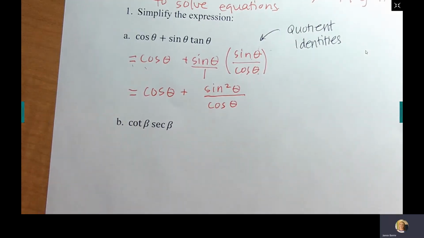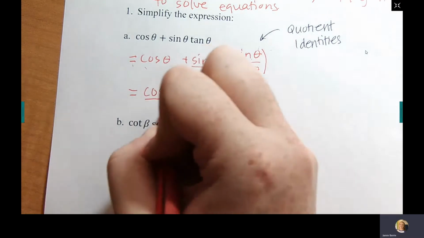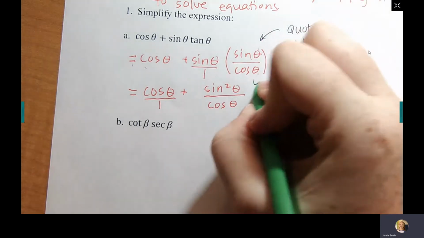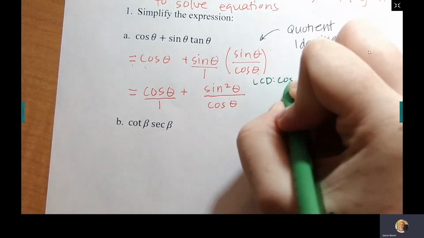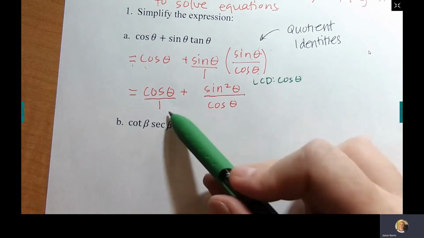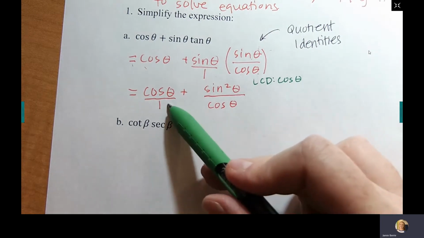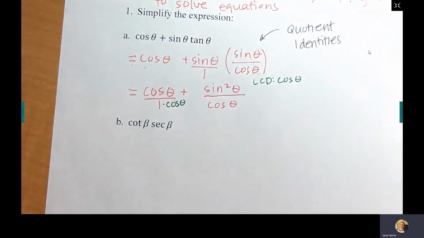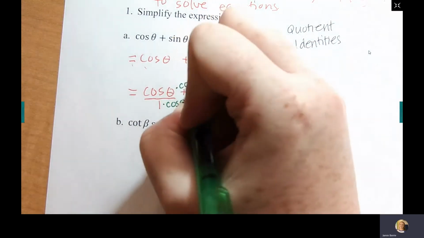All right, so now we need to get a common denominator. So you imagine that this is over 1. Our least common denominator here would be cosine theta. So our LCD would be cosine theta. So we're going to multiply this denominator over here by cosine theta to make it the same. And whatever we do to the bottom, you also have to do to the top.